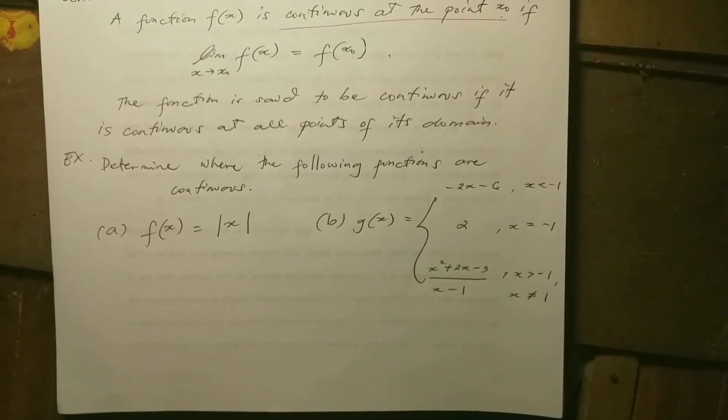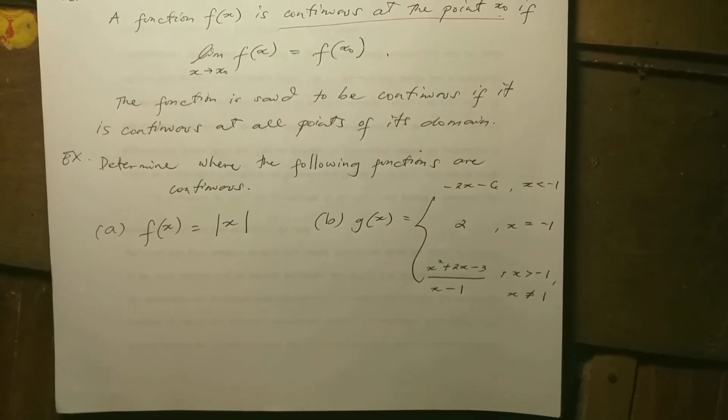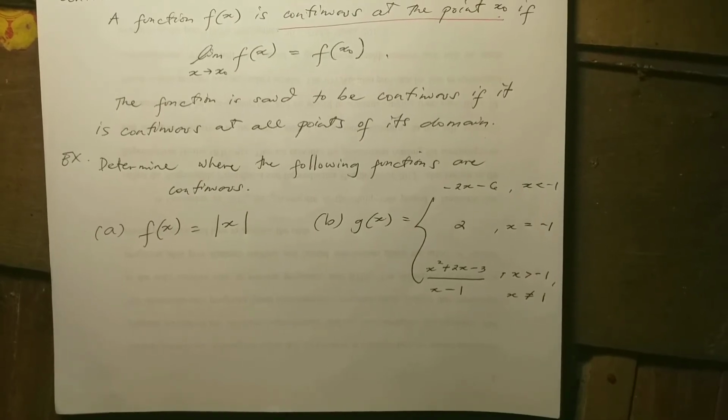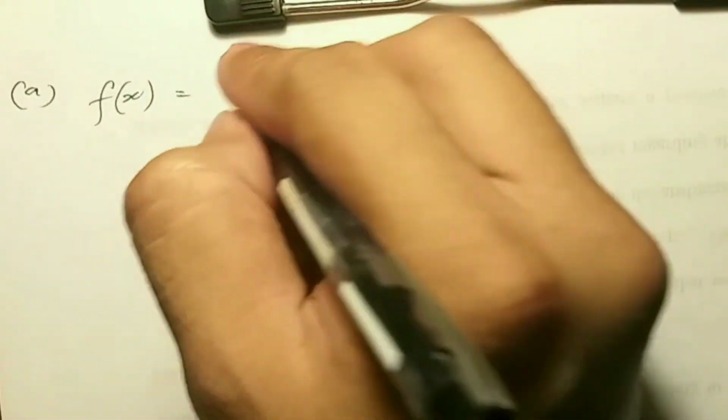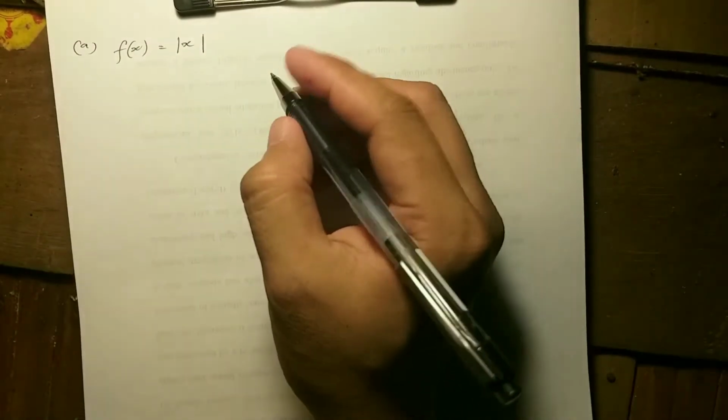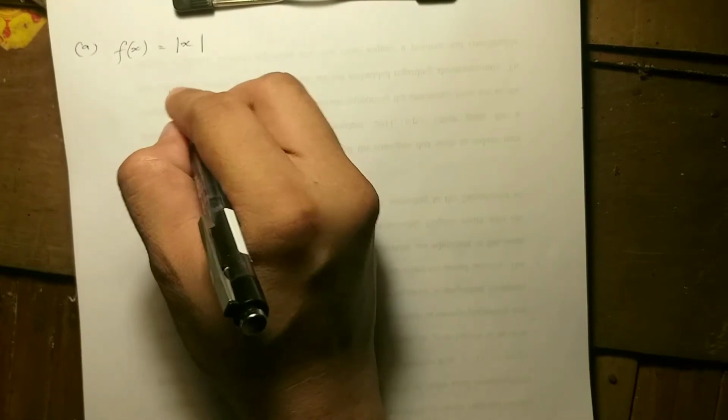So let us take this example. We are instructed to determine where the following functions are continuous. Okay, so let us do letter A. The function is absolute value of x. Now, we know that the absolute value of x has a definition.